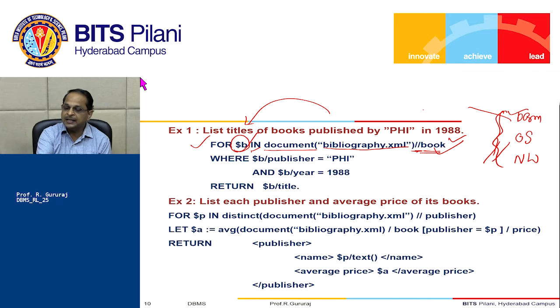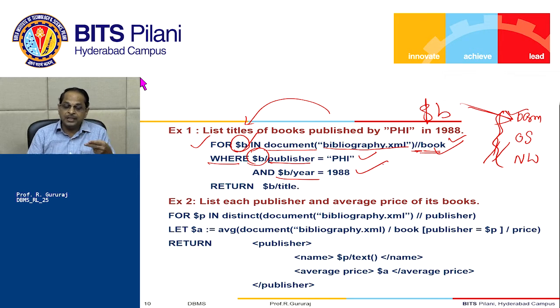In the first iteration, $b refers to the DBMS book. And $b/publisher, for the DBMS book, who is the publisher? If it is PHI, I am writing this in the where clause: if $b/publisher is PHI and $b/year is 1988, then because these two conditions are satisfied, the book element specified by this $b qualifies to be displayed in the result.